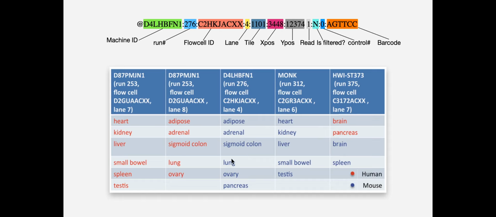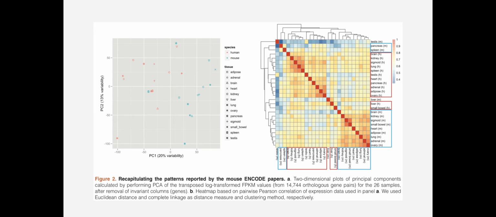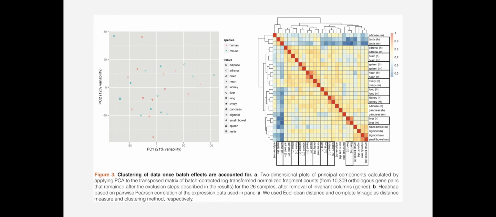And so this really raises the question of whether that separation they observed on the PCA plot was truly due to species, or was it due to one of the other confounding variables, which was that they were totally different machines, different runs, etc.